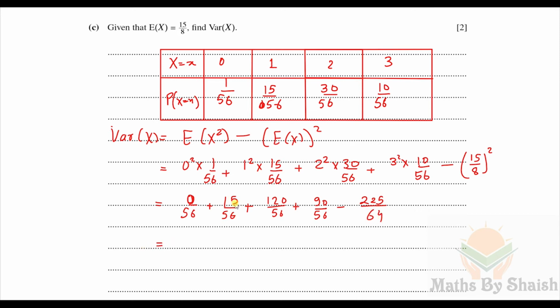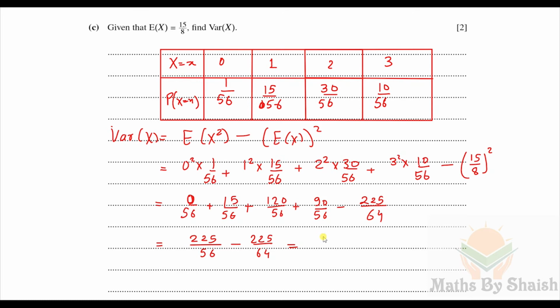So we'll calculate 15 plus 120 is 135, and 90, 225. So 225 over 56 minus 225 over 64. Now we'll simplify it.